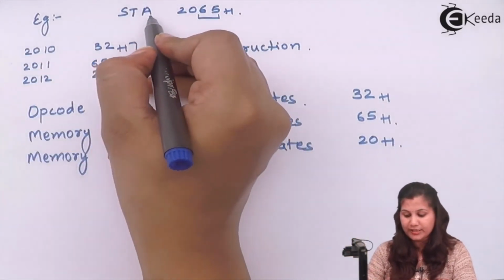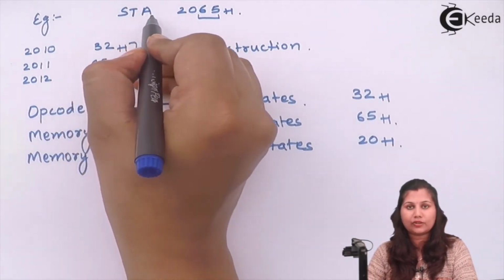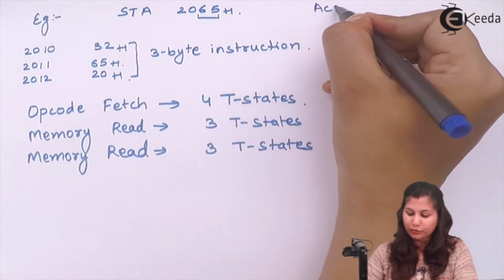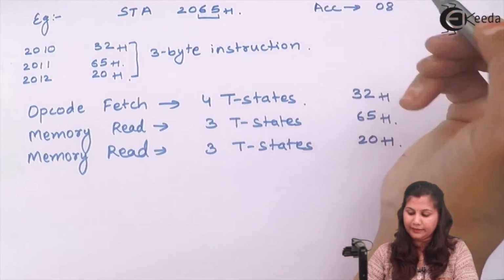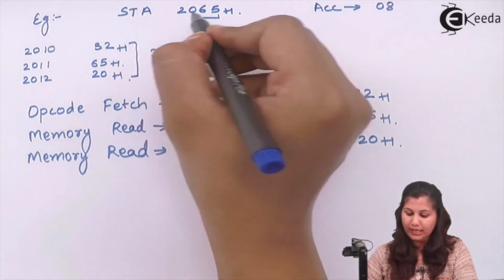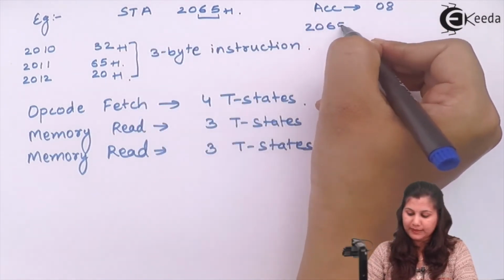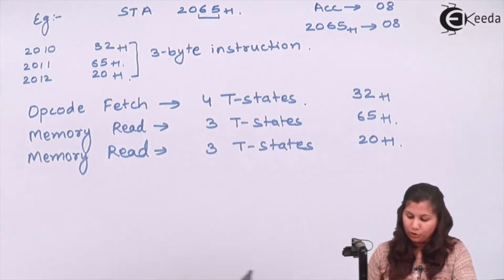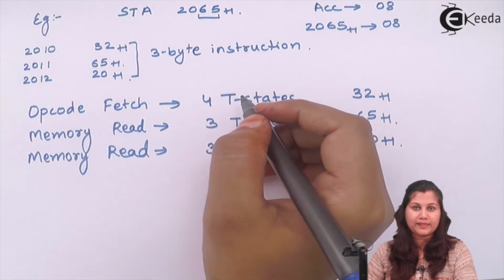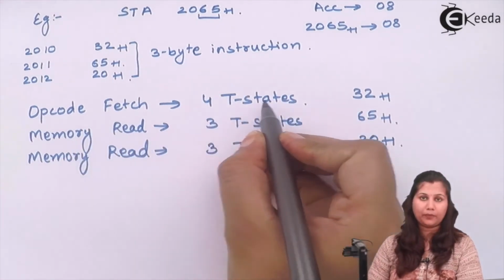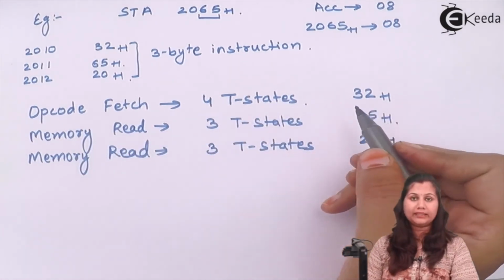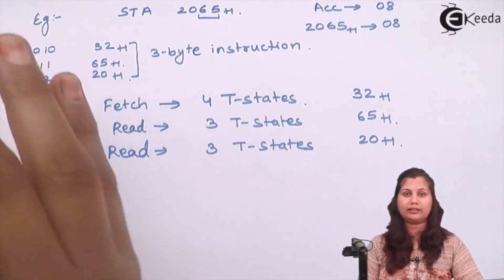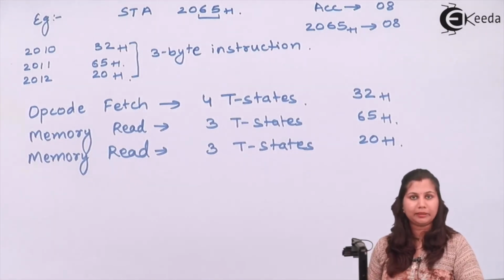Now this instruction says to store the contents of the accumulator at this memory location. So suppose the accumulator has 08. This will be stored at the memory location 2065H. When the microprocessor has first fetched this opcode 32H, it knows that this instruction means to store the contents of the accumulator at the memory location.